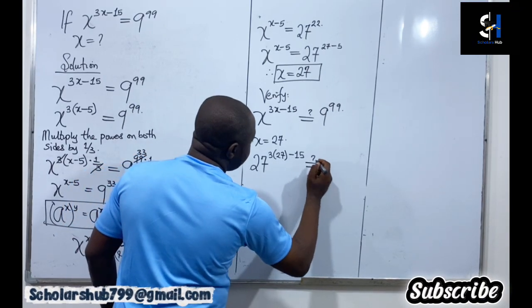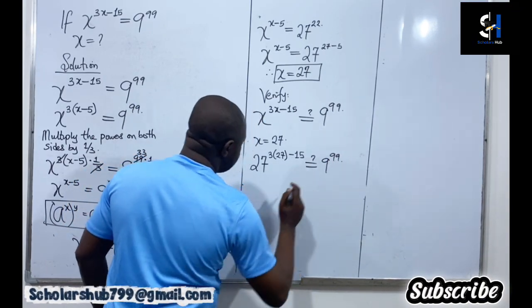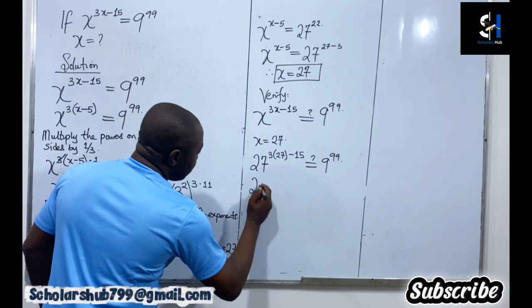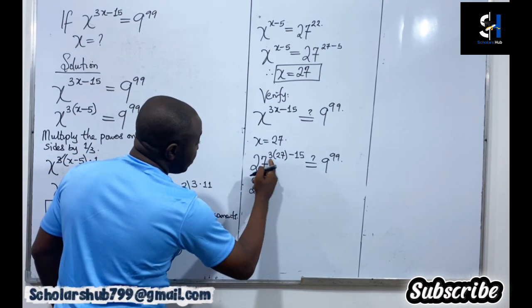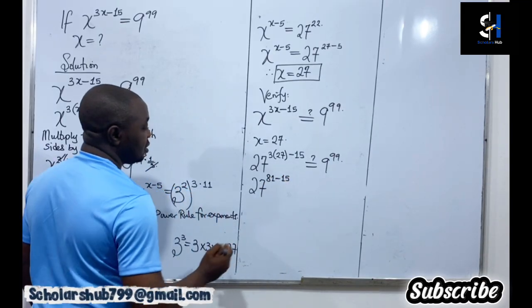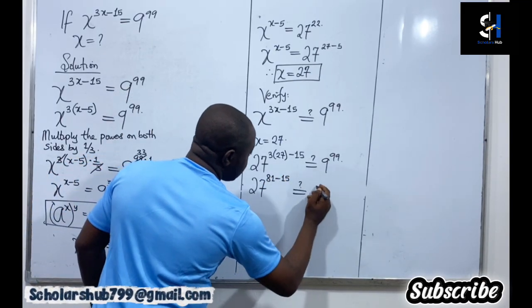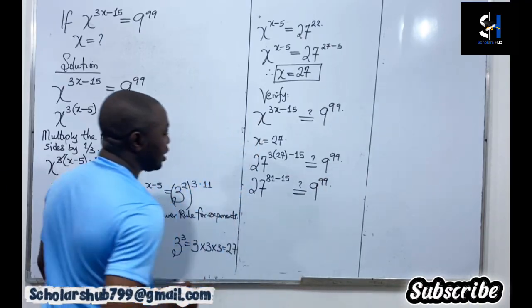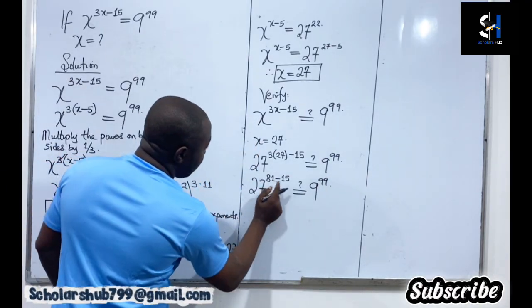Will it be 9 raised to the power of 99? We have 27 raised to the 3 times 27, that will be 81, then minus 15.